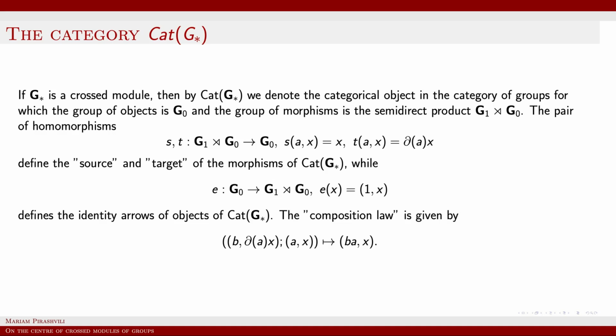Now, what do we want our center to be? In the setting of groups, the center, among other things, is abelian. If you take any group, its center will be a subgroup, which will be abelian.